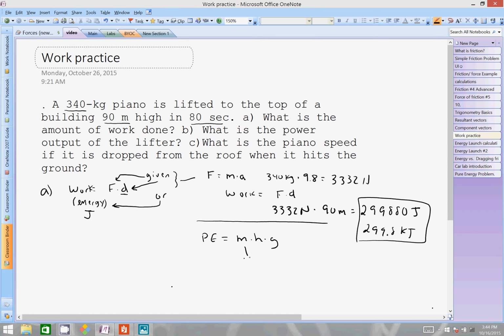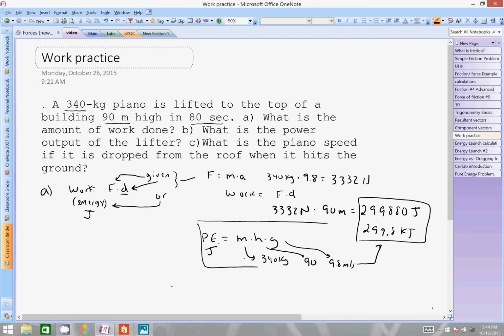The mass is 340 kilograms, height is 90 meters, and gravity is 9.8 meters per second squared. You should get the same answer because it's the same calculation, but thought about in a different way. Potential energy is in joules, so the amount of energy that I have is equivalent to the amount of work.